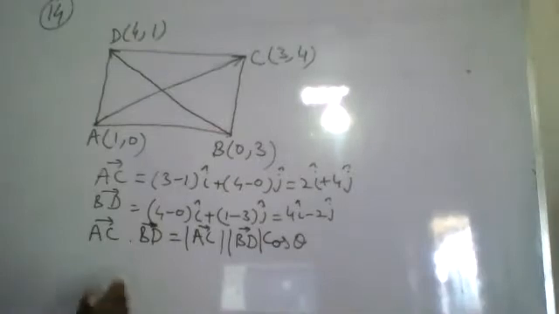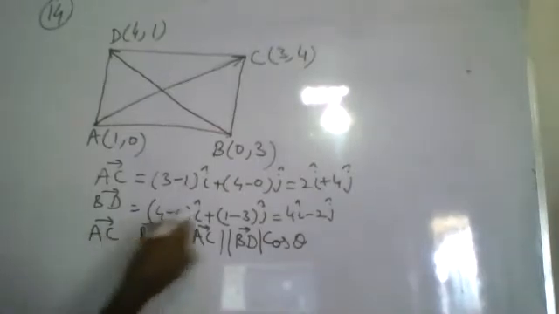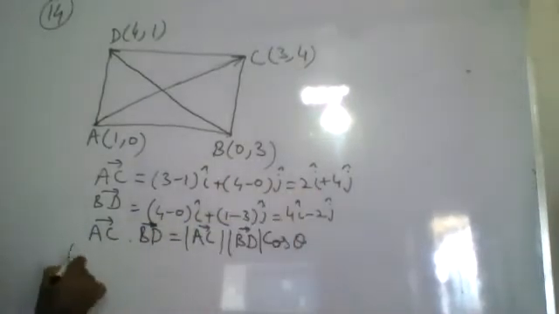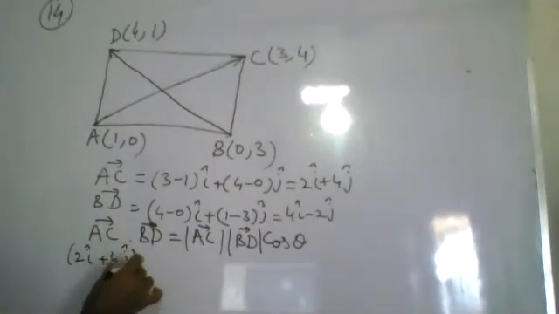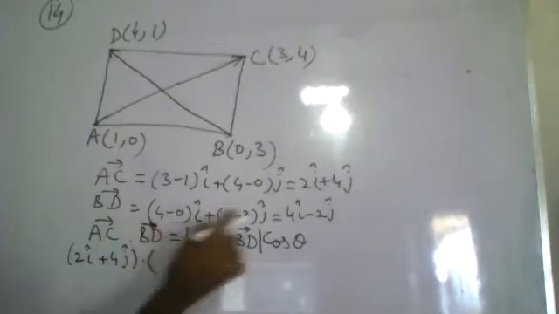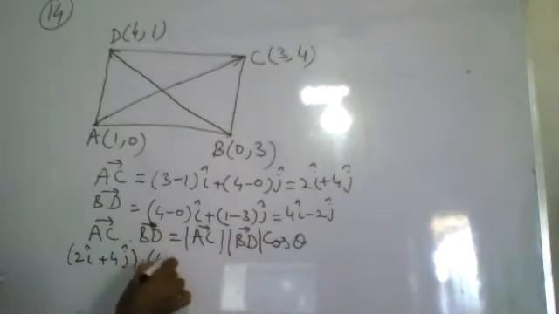We will find AC, which is 2i plus 4j, dot BD, 4i minus 2j.